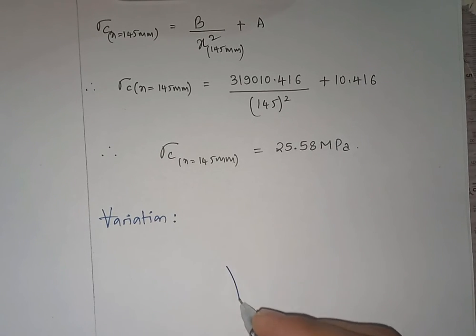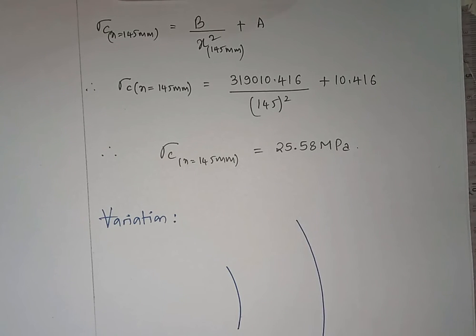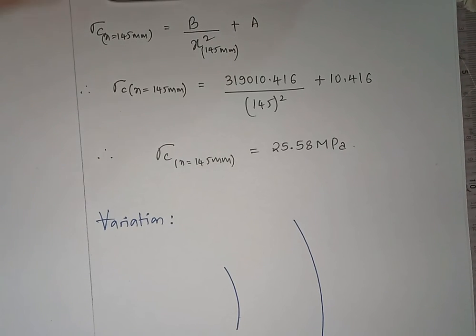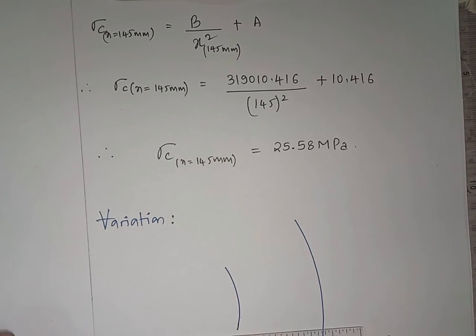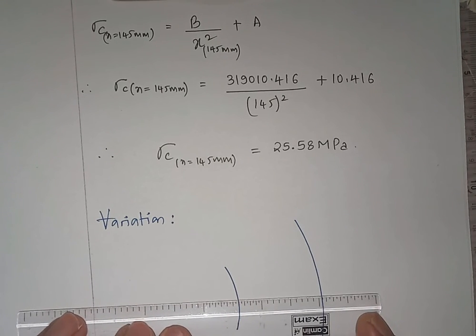So I'll show the inner surface and also the outer surface. After showing inner and outer surface, let me draw a reference line, which I can consider as my zero line.